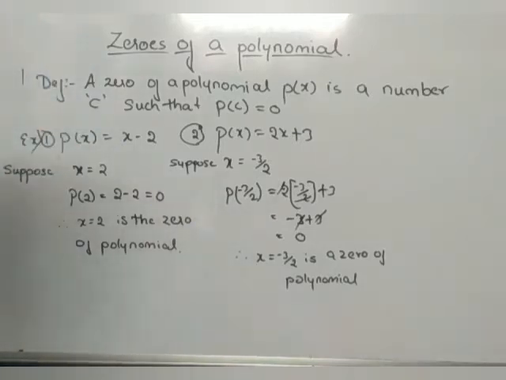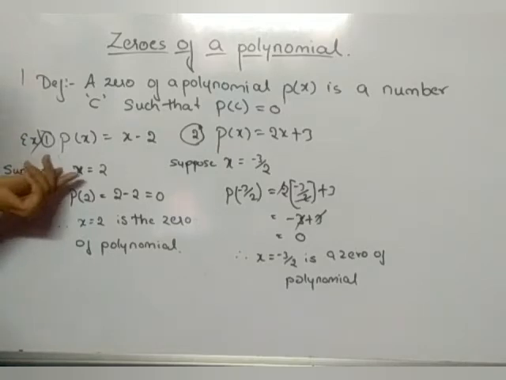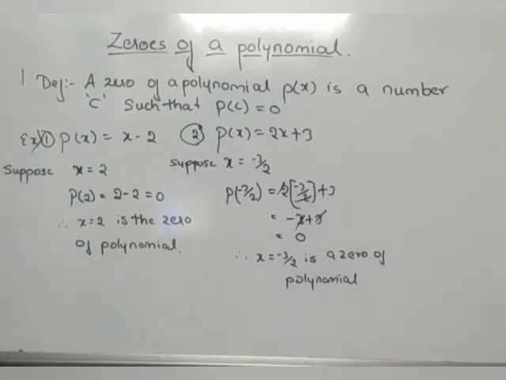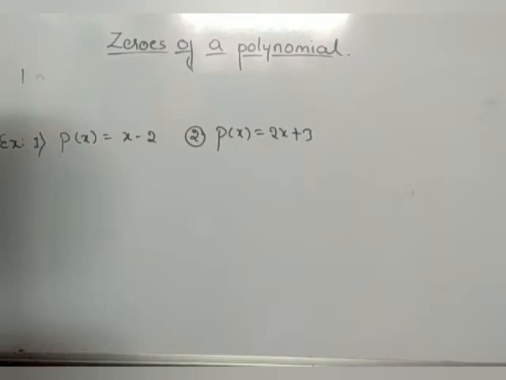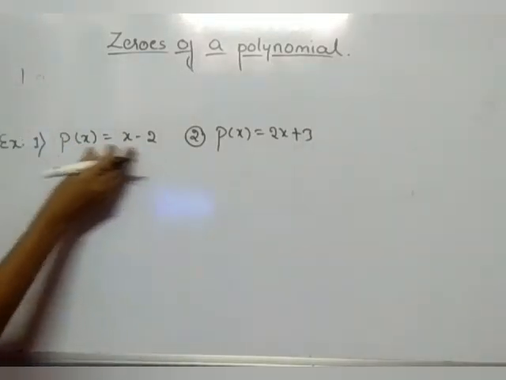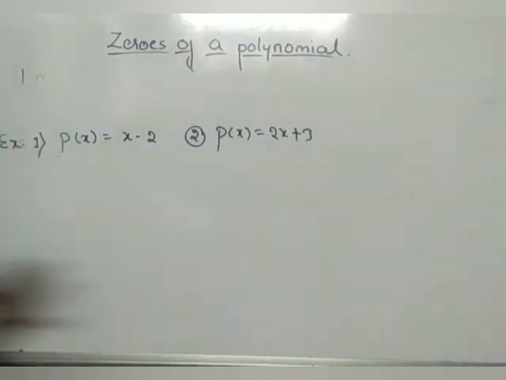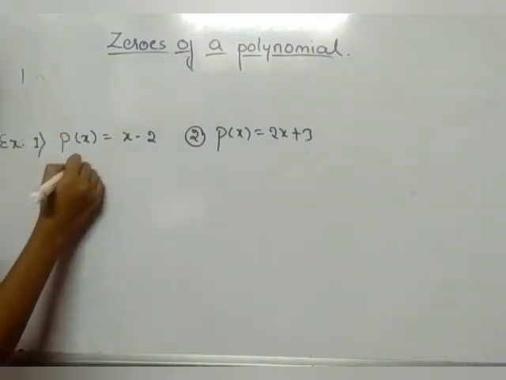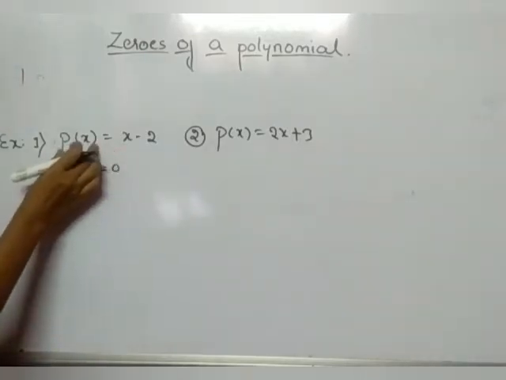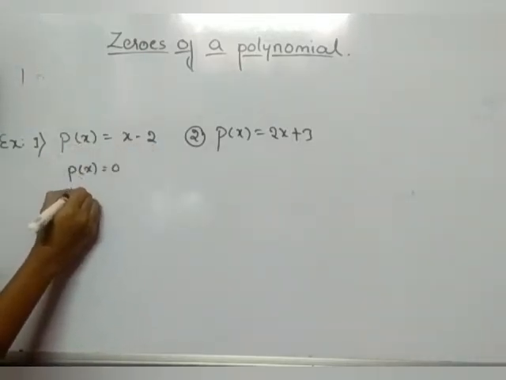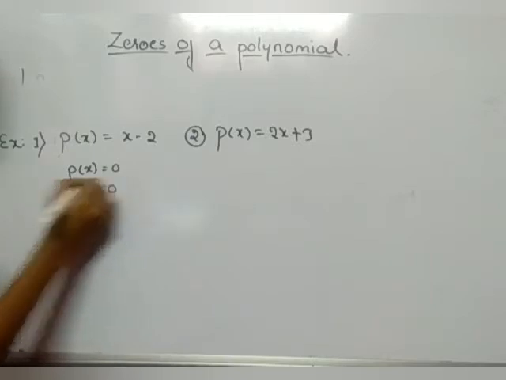Next we will learn how to find the 0 of the polynomial. Here I have taken in general that x equals 2. Now we'll learn how to find that x value. First we need to equate p of x equal to 0. We know the value of p of x, that is x minus 2 is equal to 0.